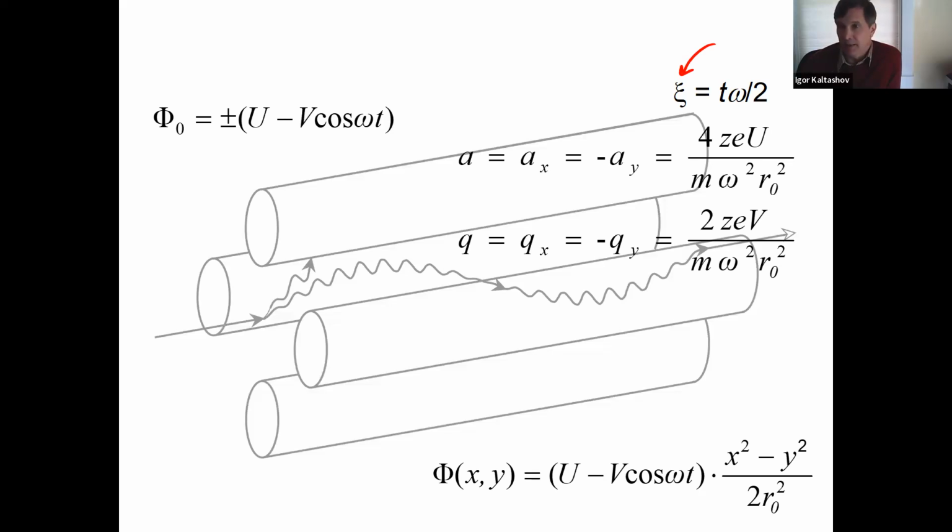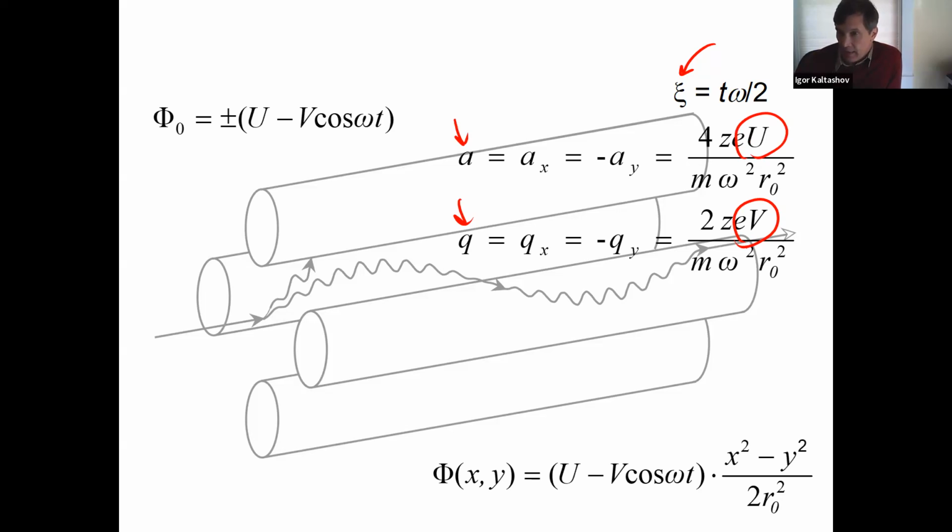Essentially, it's a product of real time and the circular frequency of your field, right? And then you have to introduce two parameters, a and q. These are very important. a relates to the DC component of your field, and q relates to the radio frequency component of your field. So these are the amplitudes of these two components.